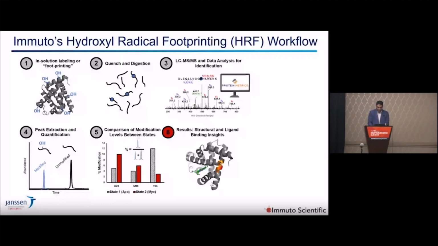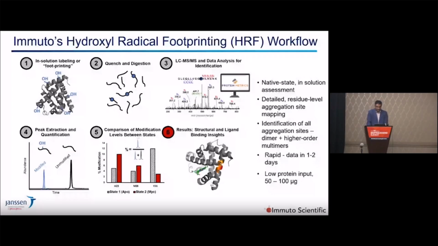So with this experiment, we are looking at a native-state, in-solution assessment of these molecules. We can obtain both peptide-level information as well as residue-level aggregation site mapping, and identification of not just the aggregates, but also even higher order structures such as multimers. We've actually looked beyond dimers, at trimers and even tetramers.